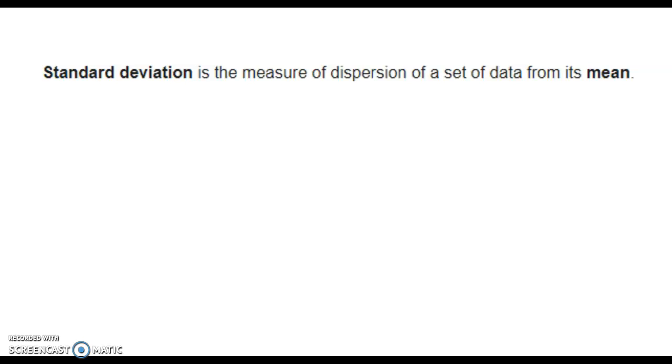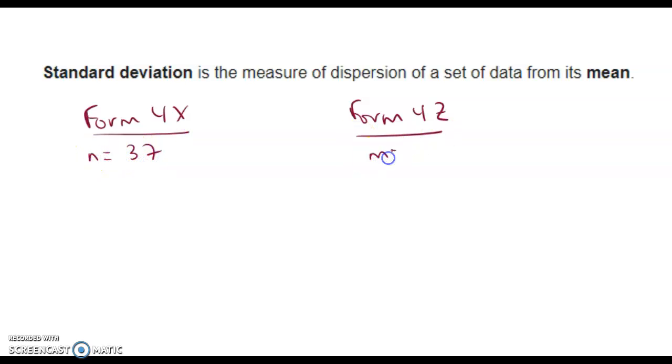Say there were two classes. Say there was form 4X and form 4Z. Say the number of students here were 37 and the number of students here were also 37. And say I told both classes, I want you to get me your favorite number from 1 to 10. Say the average value, which is the mean, for 4X was 7.